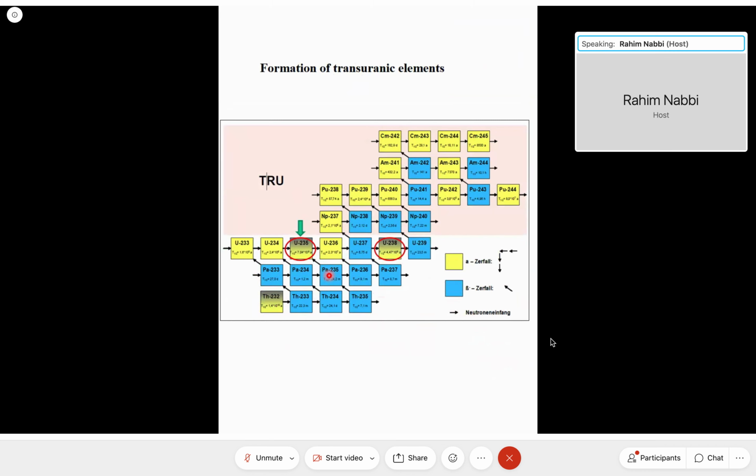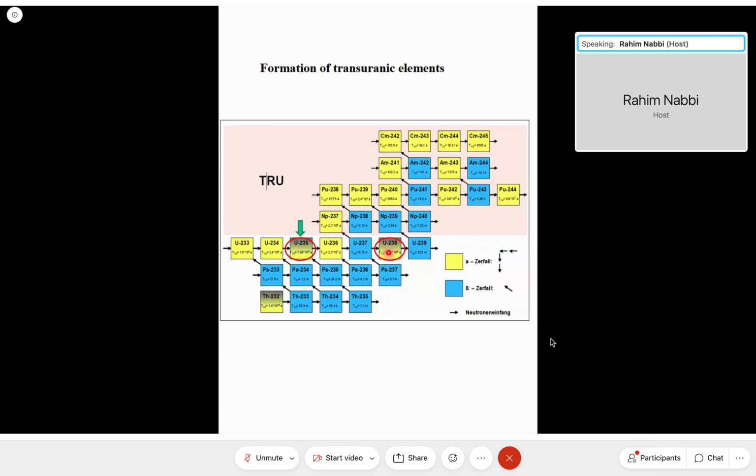You remember if you take pressurized water reactors, we normally have uranium-fueled material, that means fuel consisting of uranium-235 and uranium-238, because uranium ore is mainly consisting of uranium-238, something like 99.3%.